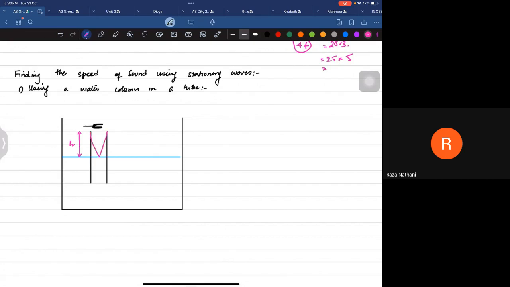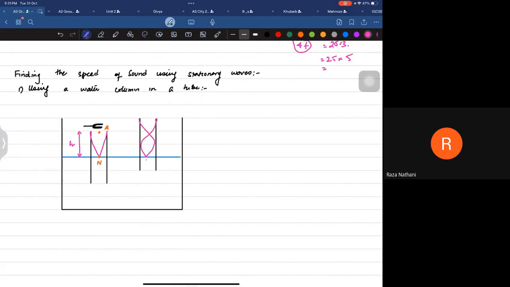Obviously, in this stationary wave, you will have a node where the water level is and an antinode where the opening is. That's how you hear the loudest sound. Then you start moving this tube up and down, and at a new length you will hear the next loud sound, when the next antinode is formed.